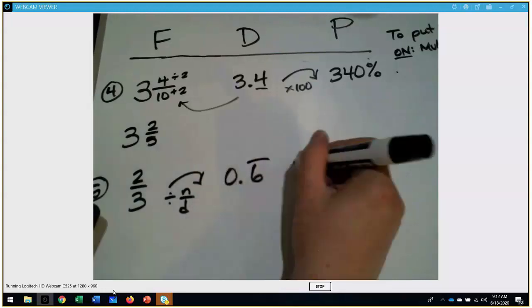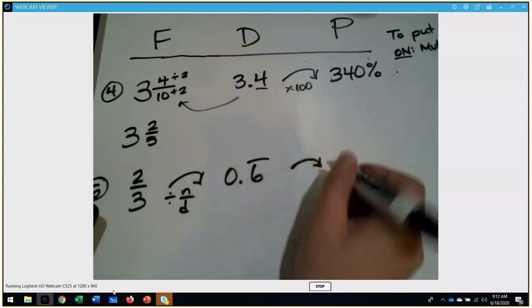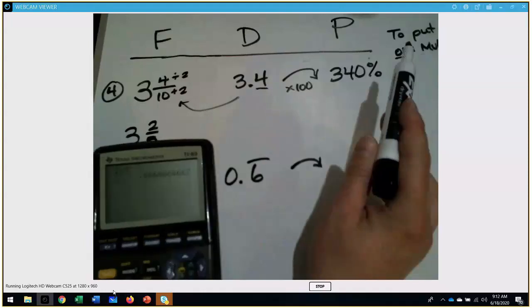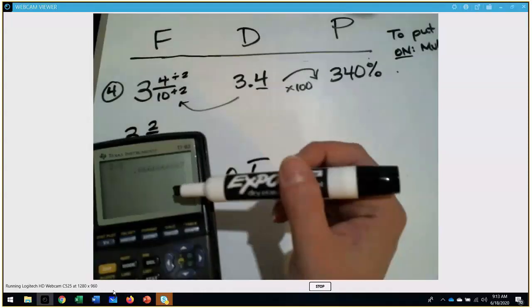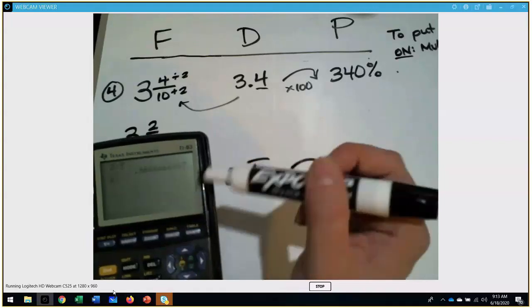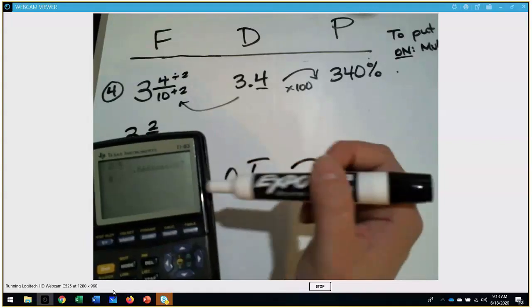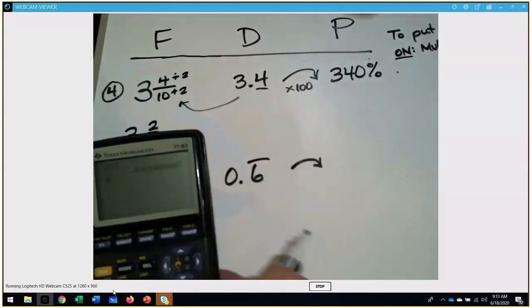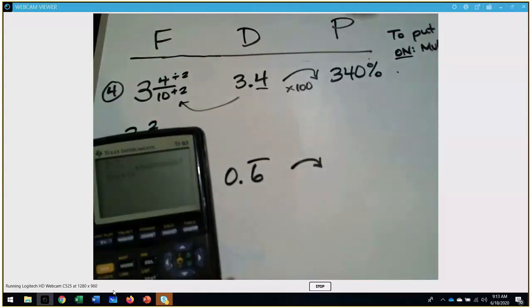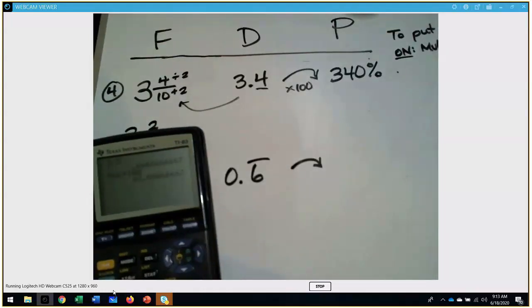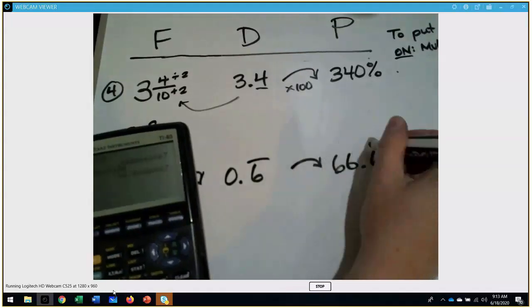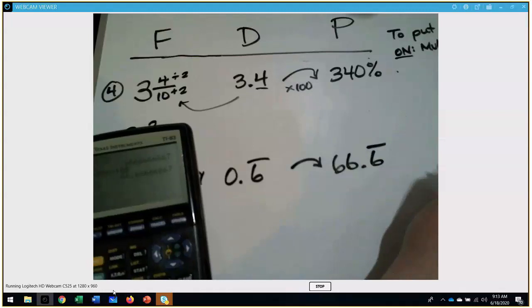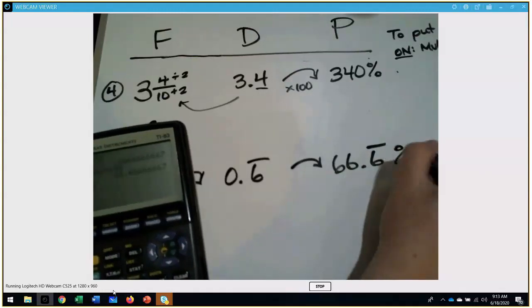Now, when I go to do the next part, since I'm trying to put a percent sign on this decimal, and here's the decimal in my calculator, I'm just going to leave it in there the way it is. I'm not going to clear it out. I'm just going to leave it in there and then hit times 100. The decimal still repeats, but it moved over twice and now has a percent sign on.